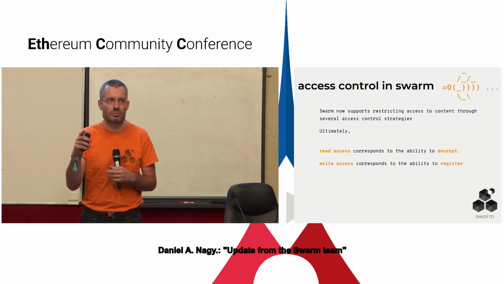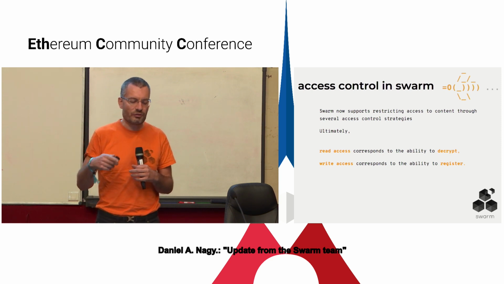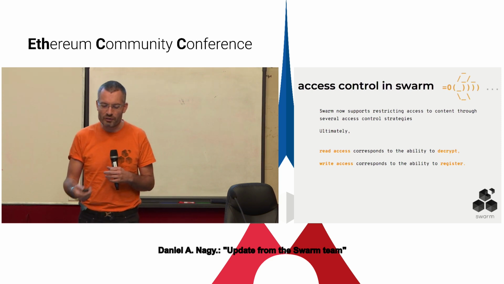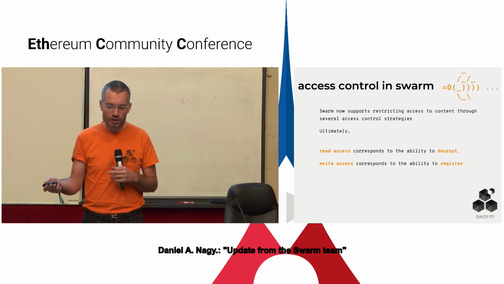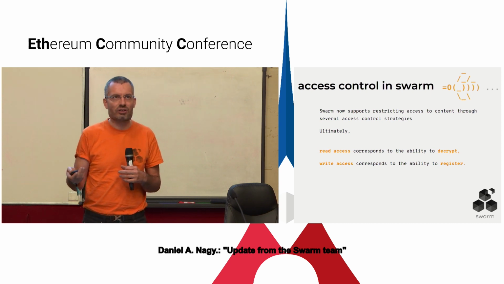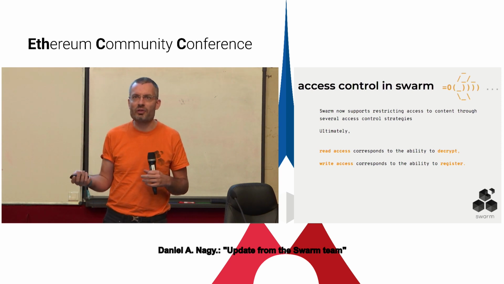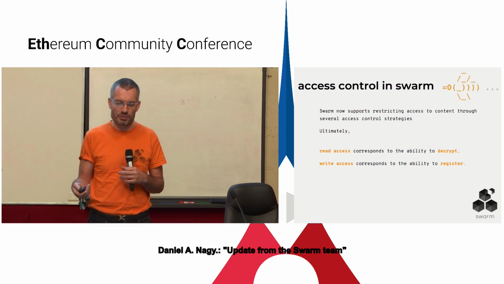So when in Facebook you click that show this content only to my friends, it means that Facebook would only provide access to it to your friends. But in a decentralized system, you cannot do that. Everything is out there, but it's encrypted, and read access means that you can actually decrypt it.